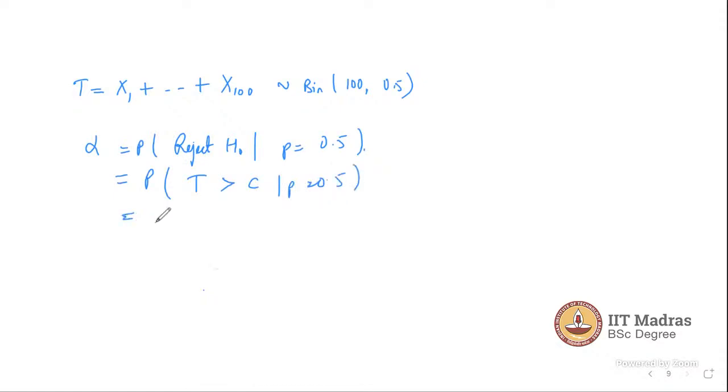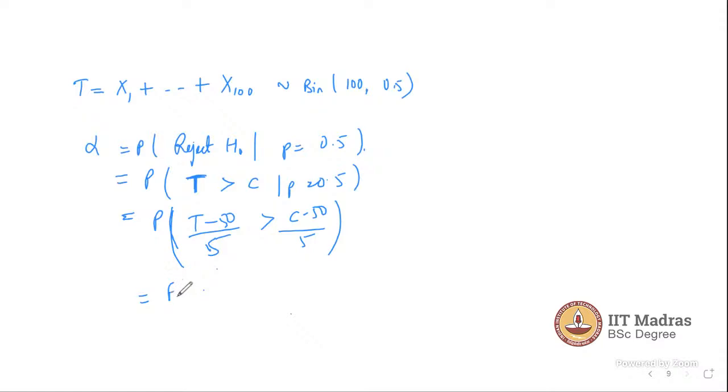Now, to solve this, I will have to convert this test statistic to the normal distribution, standard normal Z, normal 0,1. So how can you do that? I will have to find the mean of t. What is the mean of t? It is np, that is 50. Then I will divide by the standard deviation.